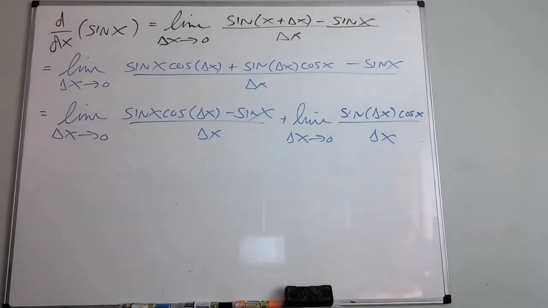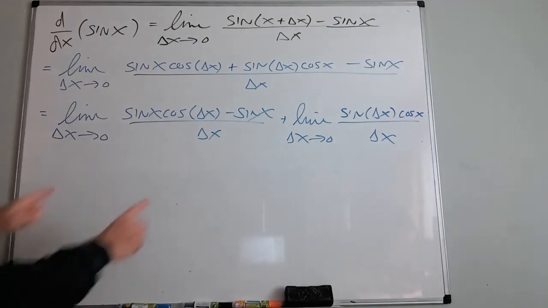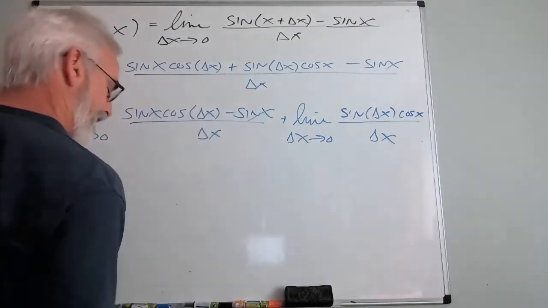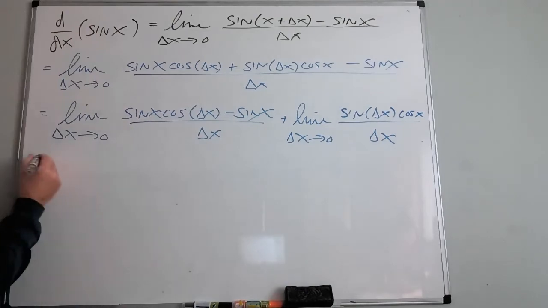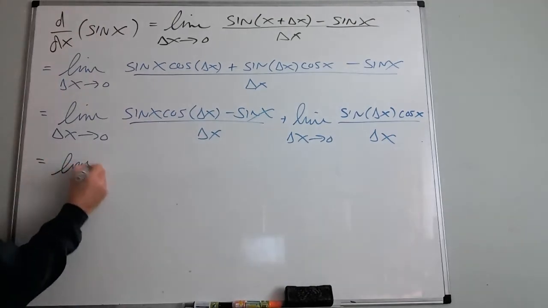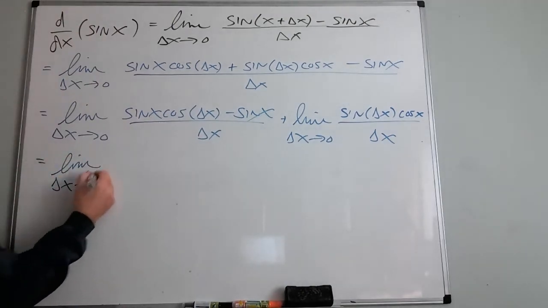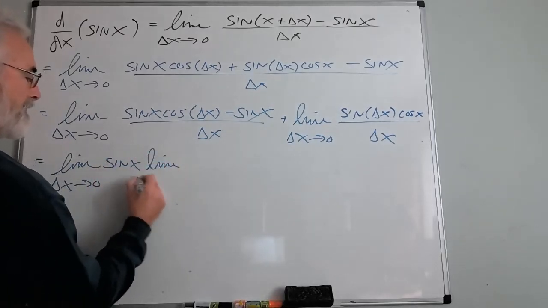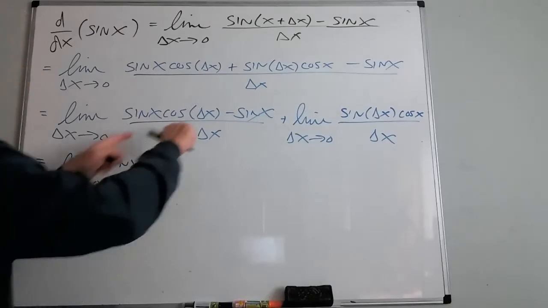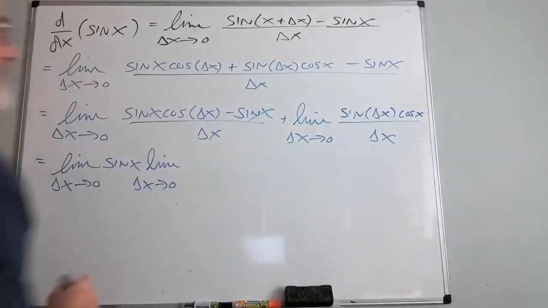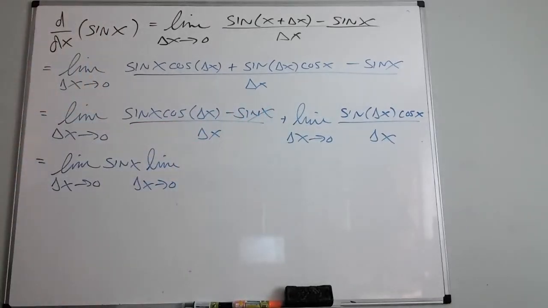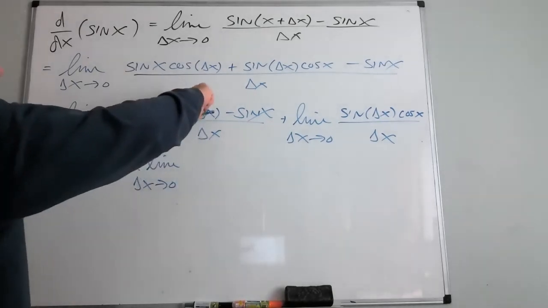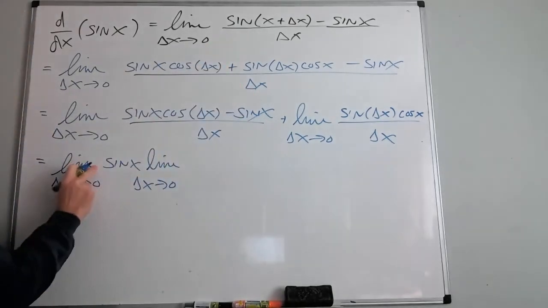Now, at this point, you say, well, what can I do? Well, again, the limit of a product is the product of the limits. So in this case, I can clearly factor out the sine term. So I can write this as the limit as delta x goes to 0 of the sine function times the limit as delta x goes to 0 of what's left, which in this case would be, let's see. Actually, you know what? I have a cosine delta x minus 1. I'm going to factor out a negative.